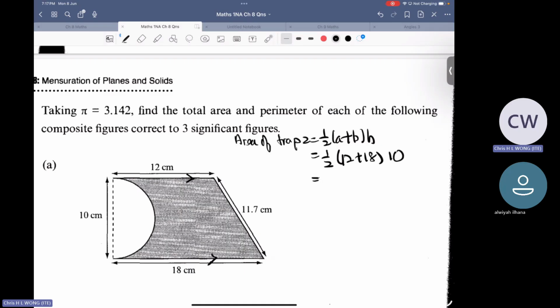The height of the trapezium is not 17.5 or 11.7. The height must be perpendicular, right? So this is supposed to be the perpendicular. So this is the height. Please don't use this, okay? This is a slanting edge. You should be using this.